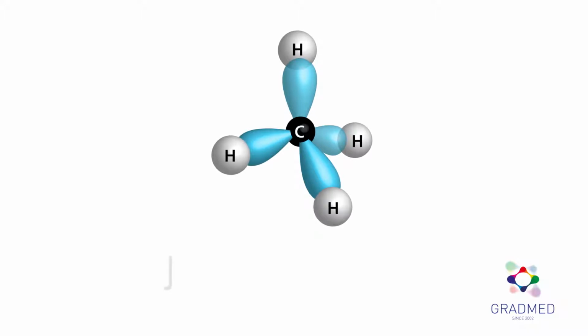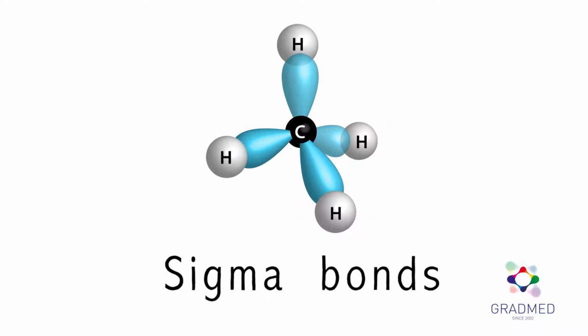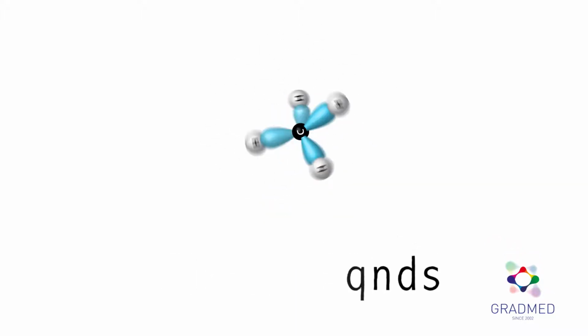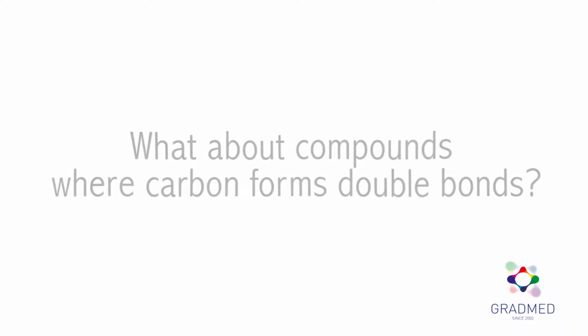And we term this type of bond a sigma bond. It is the regular bond you find in nearly all organic compounds, when a carbon atom is bonded to four other atoms via single covalent bonds. But what about compounds where carbon forms double bonds to other carbon atoms, as we'll see later in these videos?